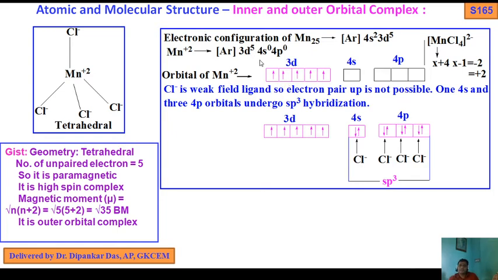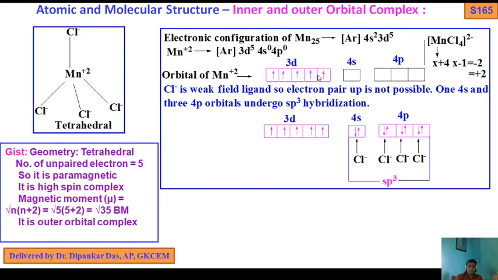How many electrons are present in the d orbital? 5. Okay, so 5 electrons, 1 2 3 4 5. First they singly fill up, then if there are excess electrons they pair up according to Hund's rule. So the 5 orbitals of 3d are occupied by single electrons.